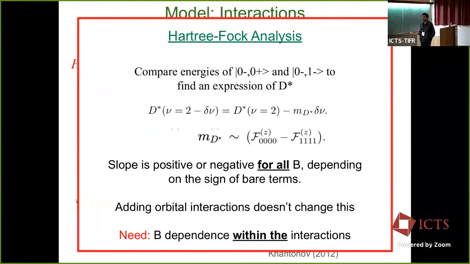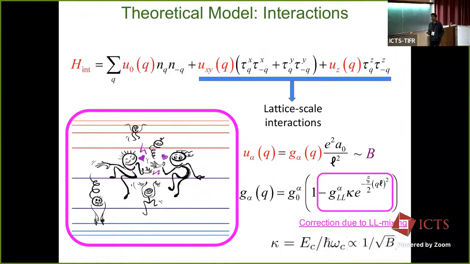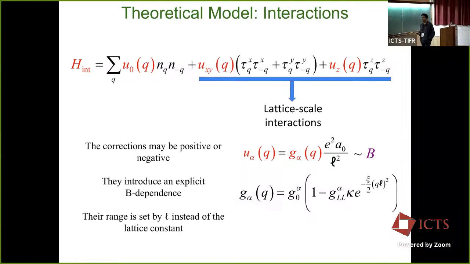The most natural way to do this is again Landau level mixing, the scale of which is controlled by this parameter kappa. And so here we do it phenomenologically by adding to the constant G naught a term which has some Gaussian features. In particular, these corrections may either be positive or negative.